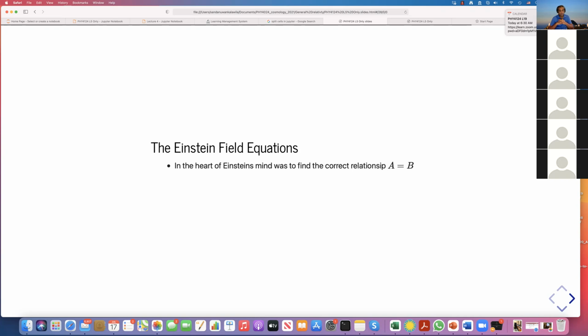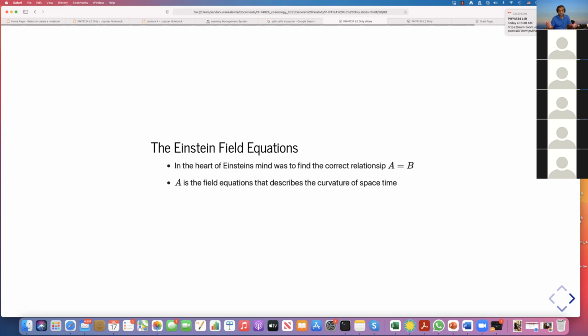In the heart of Einstein's mind, what he needed was to find the correct relationship, such as, let me say, A equals B, something will be equal to something else. So that is an equation. So he was always thinking about finding the correct relationship. He thought that maybe there is a relationship like A equals B, and then he needs to find what is A and what is B, right?